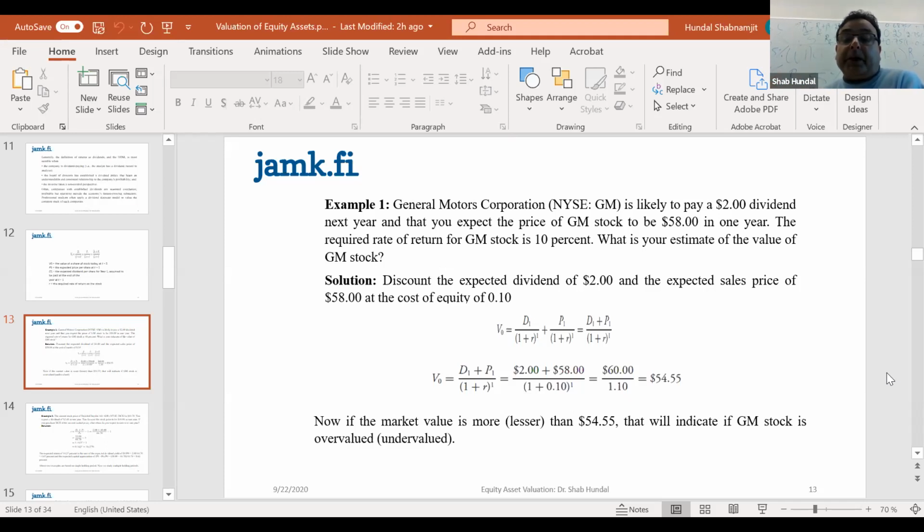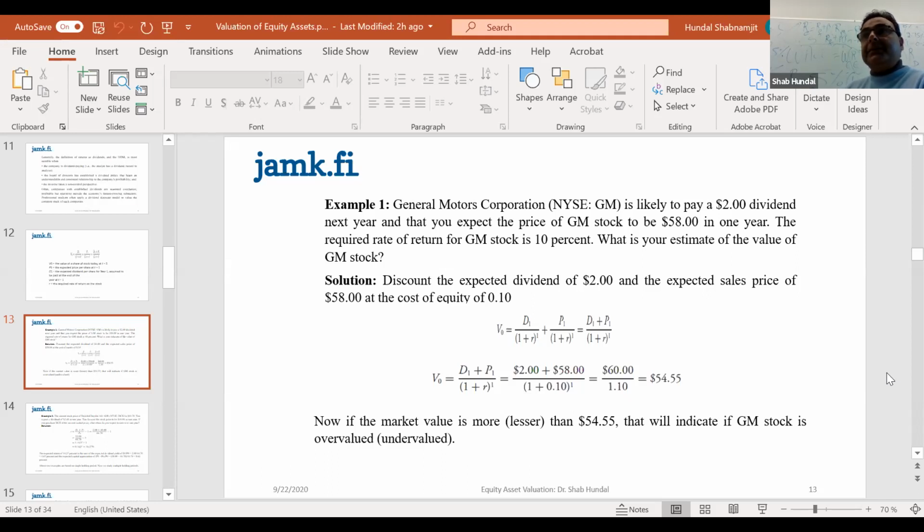And next year, if you buy GM today, you will have 2 cash flows next year, won't you? If you buy GM today, how many cash flows will you get next year? If the analyst's report turns out true, you will get the dividend, $2, plus if you sell your stock, you get 58.